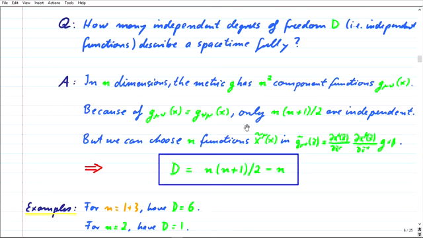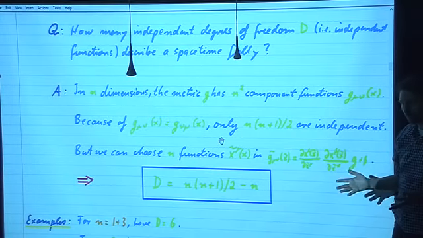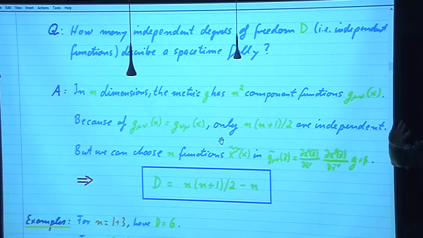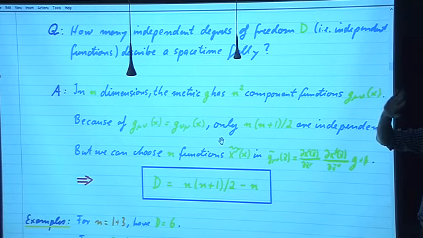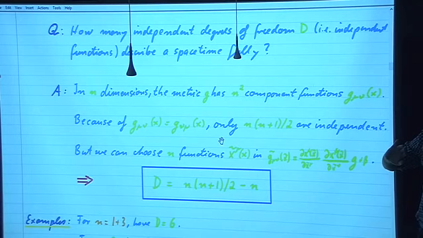And remember why that is? n squared is the number of component functions that we have in total. If we take half of that, then we take into account that the upper triangle of the matrix is identical to the lower triangle of the matrix. And as far as the diagonal is concerned, we took only half of it, right?